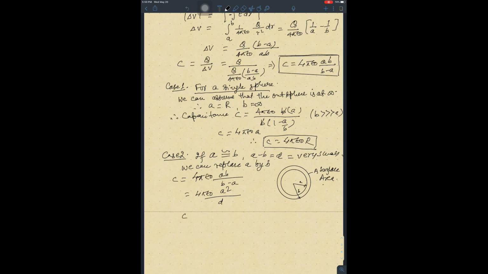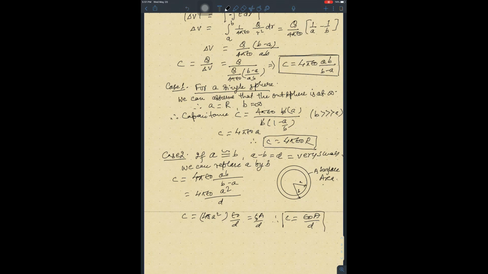So this can be written as C is equal to epsilon naught times 4 pi A square by D, that is 4 pi epsilon naught A by D. So see carefully what we are getting, epsilon naught A by D.